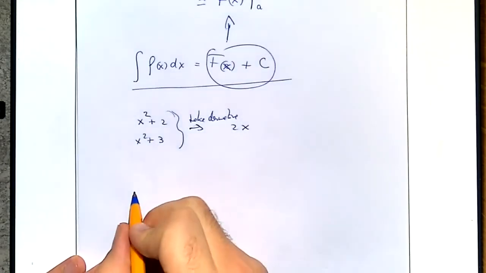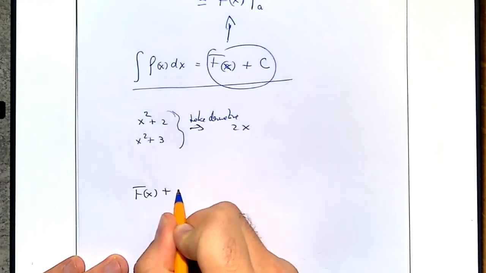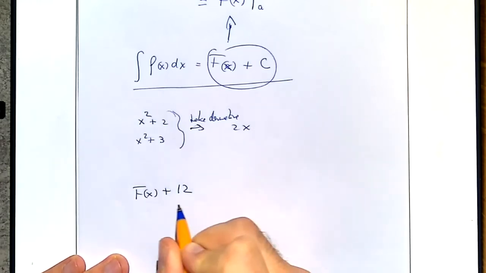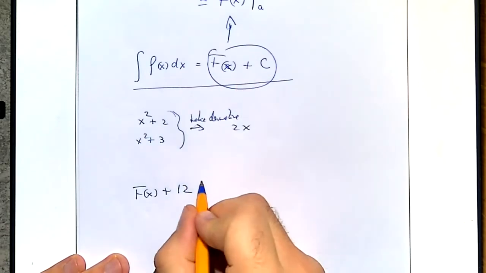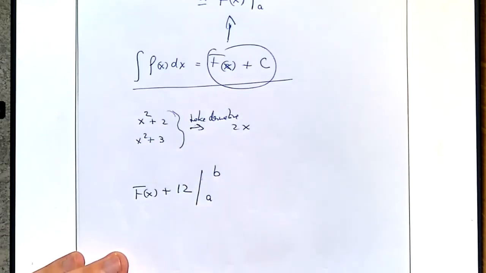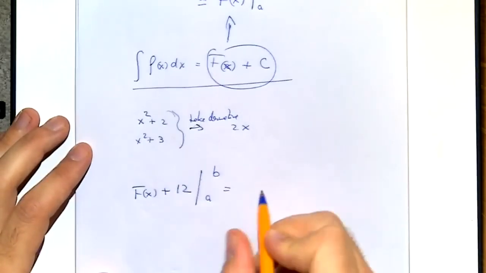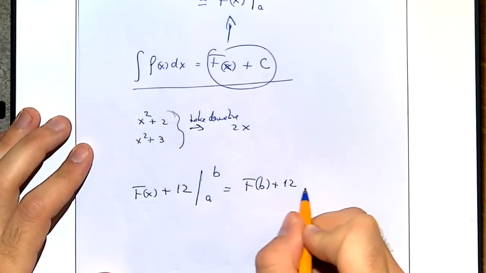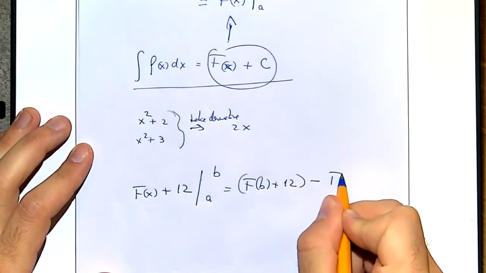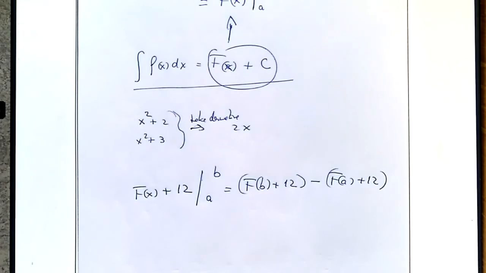So let's say I have F of x plus 12. Let's say the constant is 12 up top, and it's between a and b. When I replace, I'm going to get F of b plus 12 minus F of a plus the same 12. That's the whole idea. That's why I'm fixing that function when I'm going from a to b.